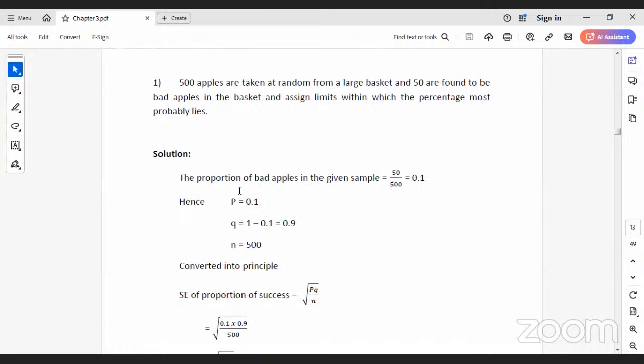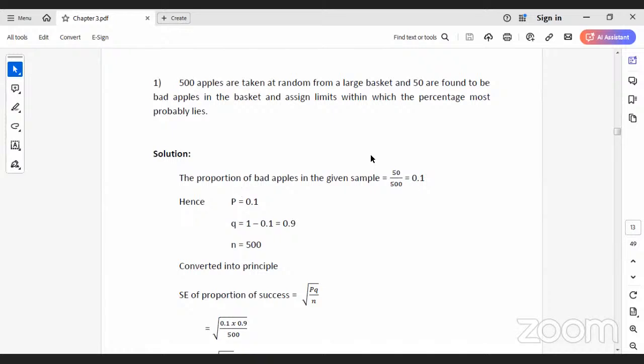So these 50 bad apples could be in the first tray, second tray, third tray, fourth, fifth, sixth, or seventh tray, we don't know. So we have to find out where the bad apples lie. With this problem, we are going to get that information. So here the solution is: the probability of bad apples is given.